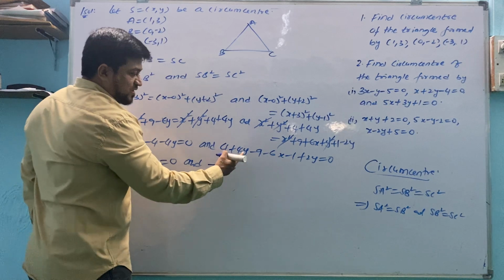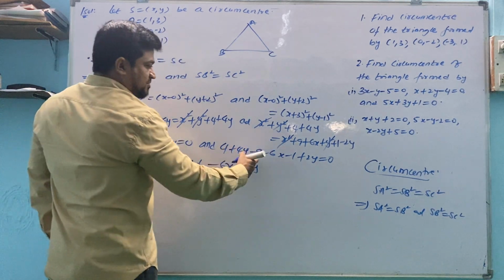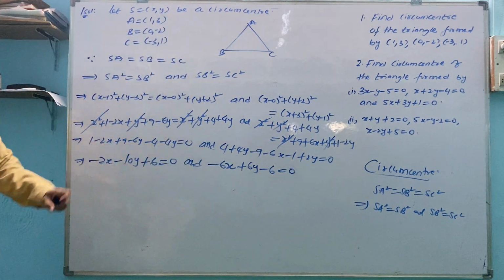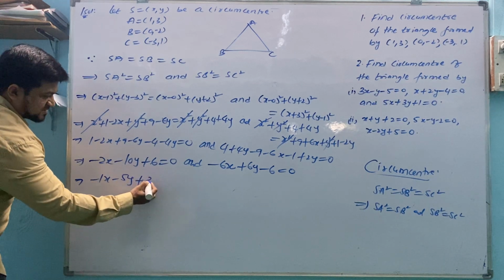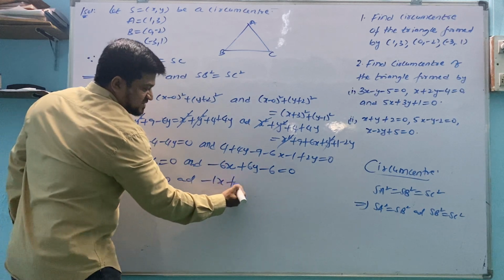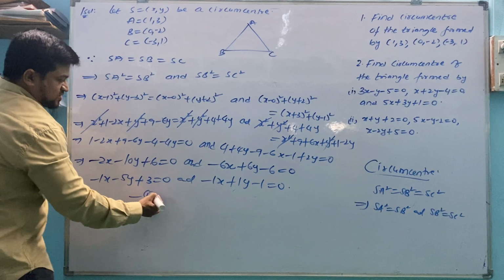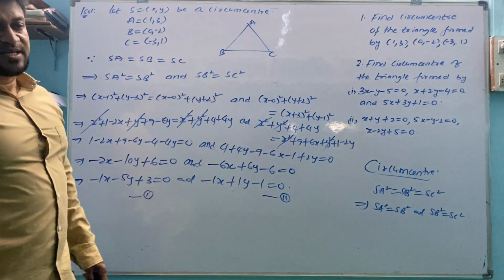Signs are the most important thing, which many of them will not consider. 4 minus 10 is minus 6 equals 0. If I divide this equation by 2, what will I get? Minus 1x minus 5y plus 3 equals 0. And if I divide this one by 6, we get 1, 1. So these are the two equations we need to solve in order to get the circumcenter.